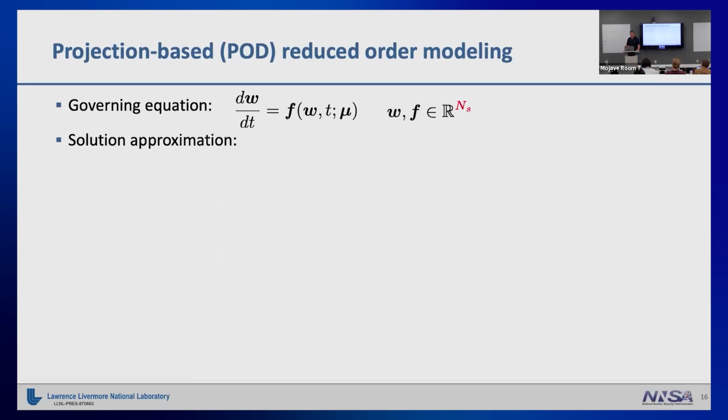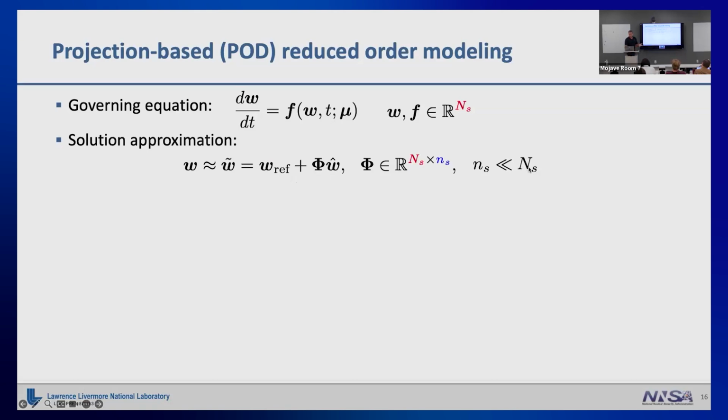It represents the finite element discretization in the MFEM case, and it's of some full order dimension capital N sub s, but we've computed a low dimensional basis phi, of a very small dimension n sub s. And we use this solution approximation. It's some offset vector plus the reduced basis times reduced coordinates, W hat.